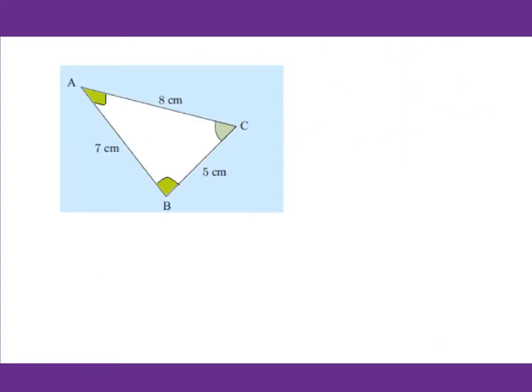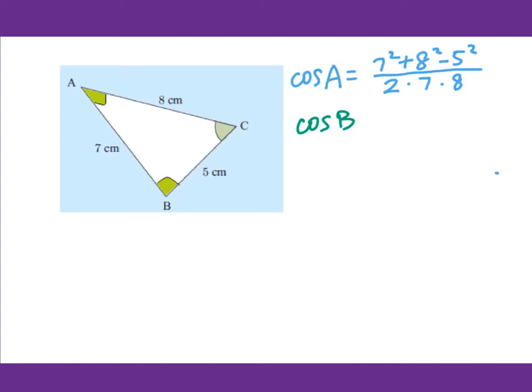Using the same pattern, we can get cosine A equals 7 squared plus 8 squared minus 5 squared all over 2 times 7 times 8. Cosine B equals 7 squared plus 5 squared minus 8 squared all over 2 times 7 times 5.